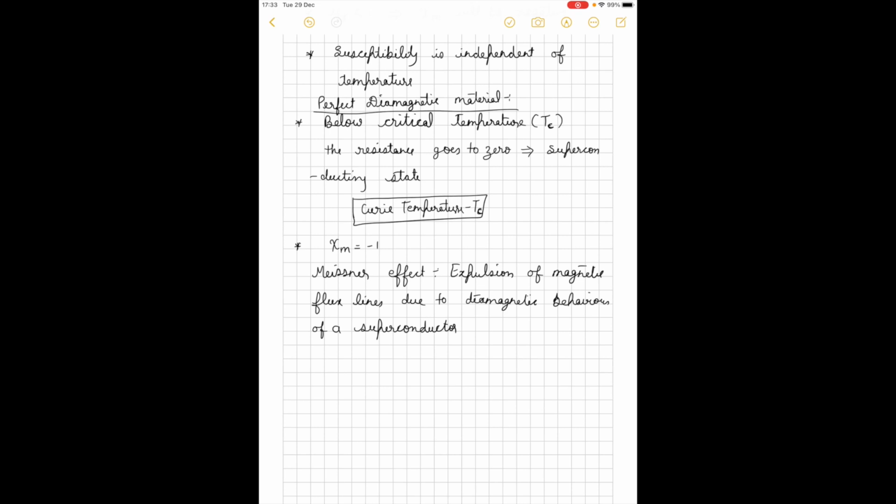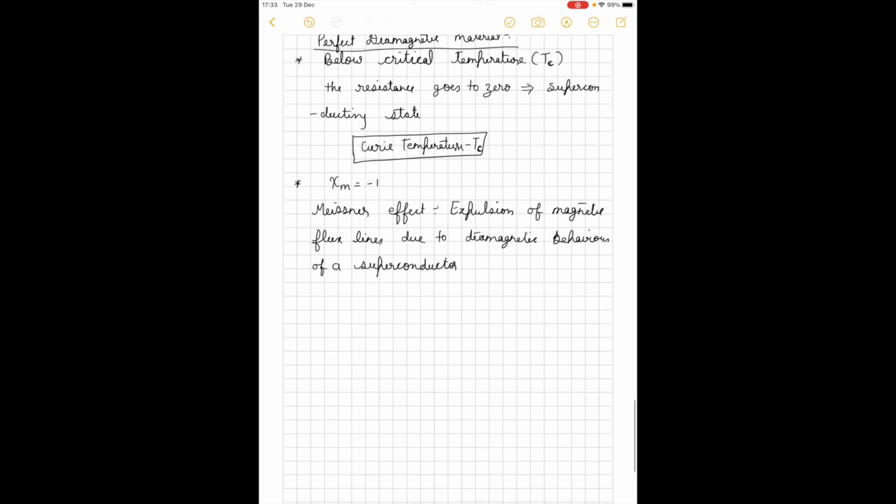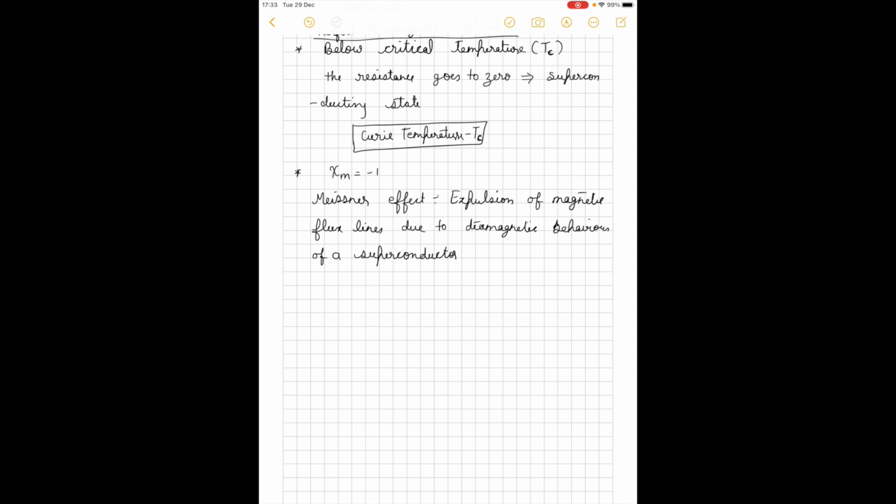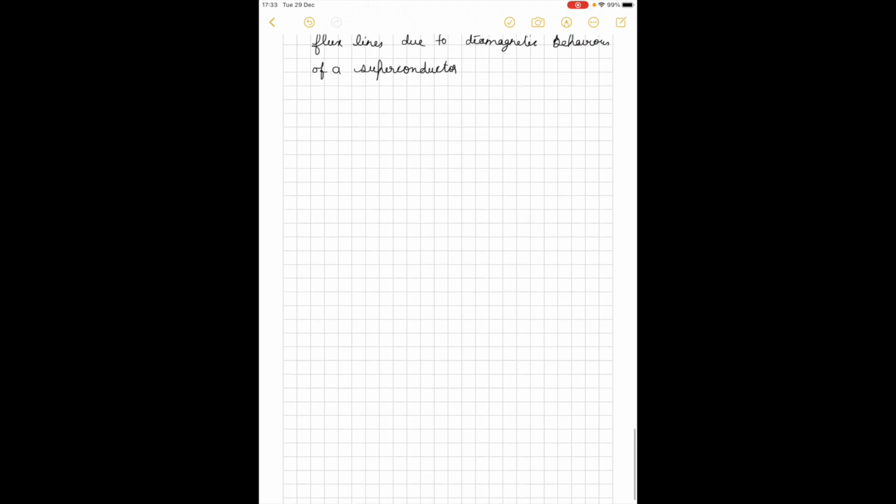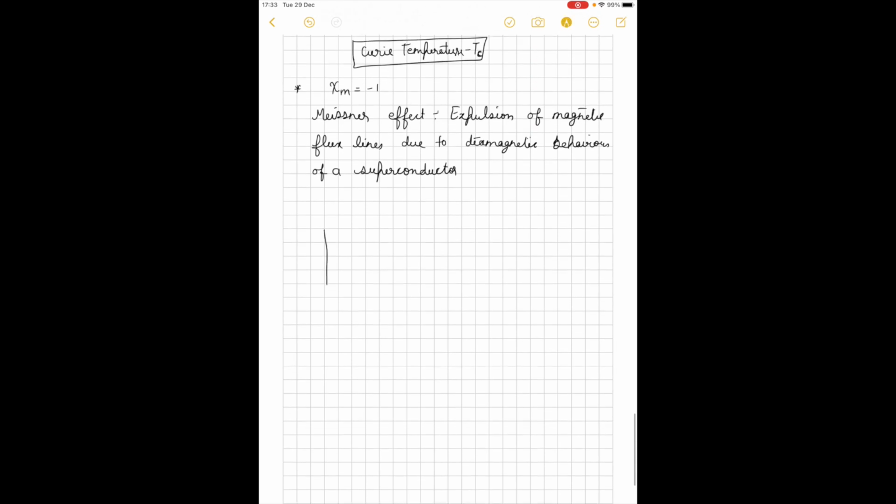How do we see experimentally what I mean by expulsion of magnetic field lines, and the major difference between a superconductor and a conductor? Let's say this is our sample. I need a different color.